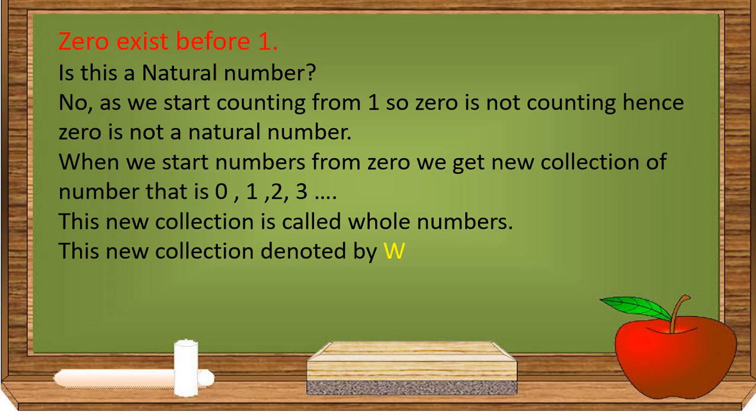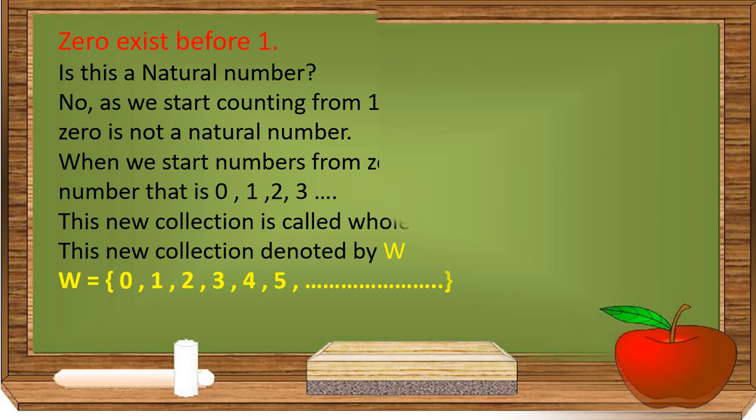So we denote this by W and write W is equal to 0, 1, 2, 3 up to infinity. So the collection of natural numbers with 0 is the whole numbers.